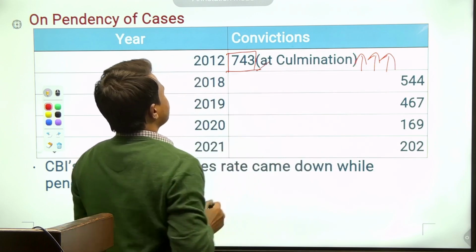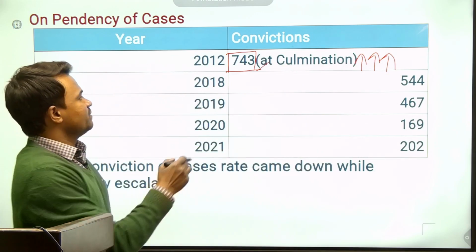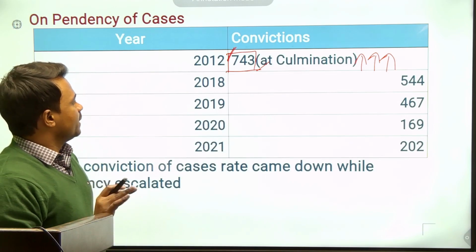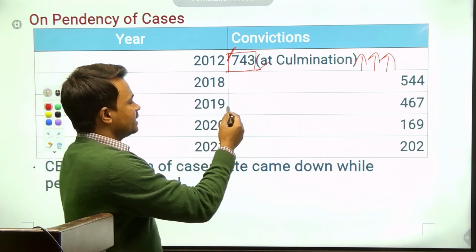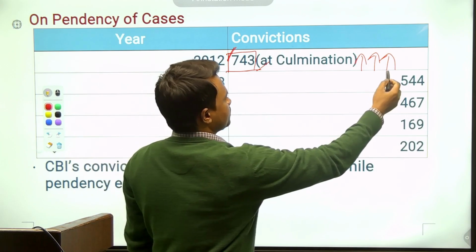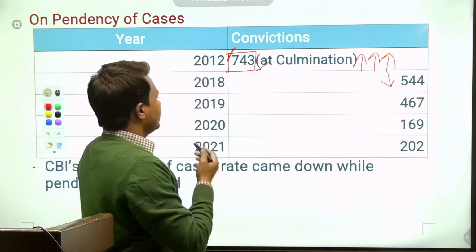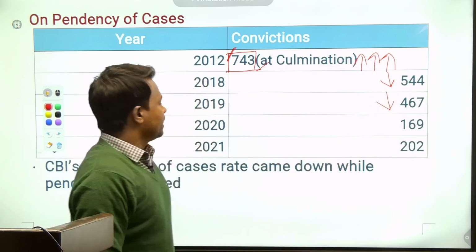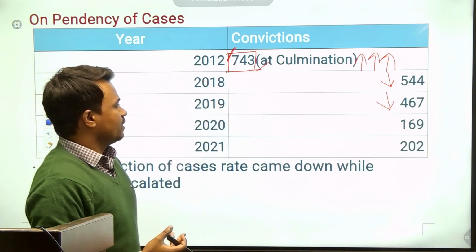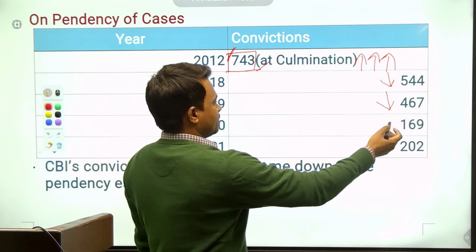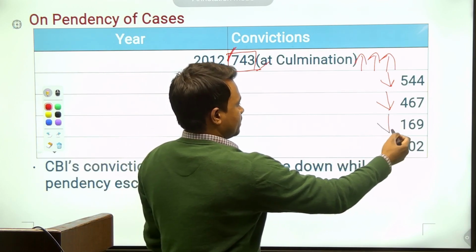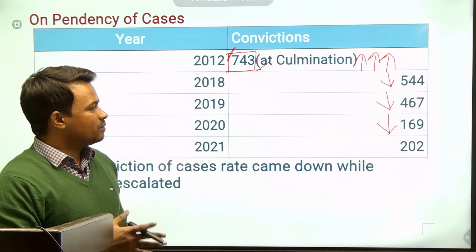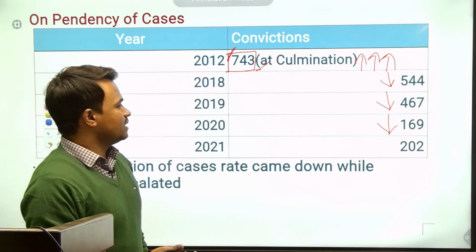In the year 2012, about 743 cases saw convictions. But in 2018, that came down to 544. In 2019, it again came down to 467. And in the year 2020, the conviction of cases witnessed one of the lowest figures in the history of CBI.